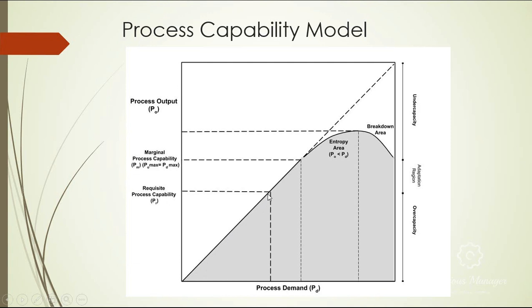What the requisite process capability is, is the point at which the team can comfortably work at a constant rate without an impact to its performance. This is the maximum point where the team can work without fatigue or without any problems.